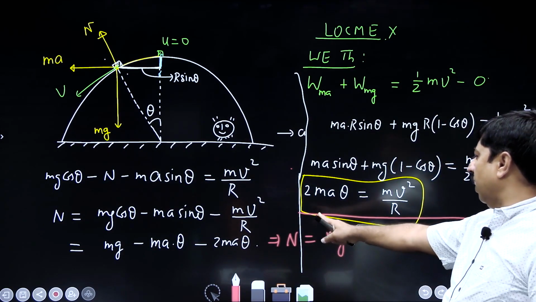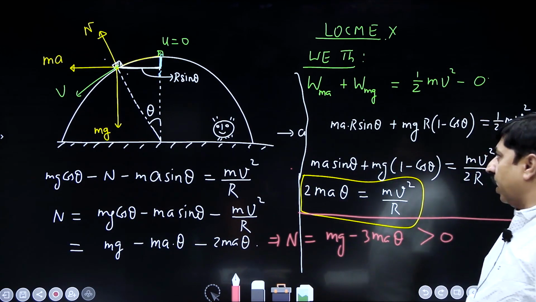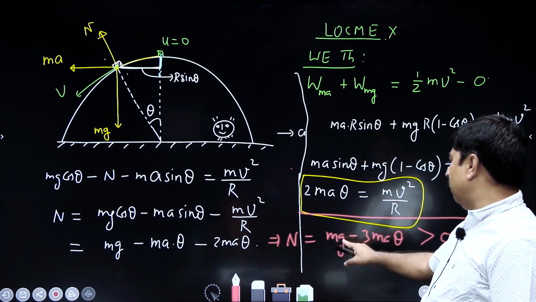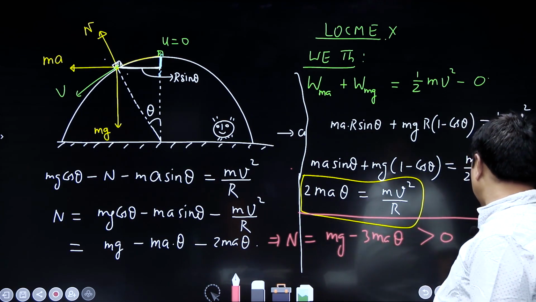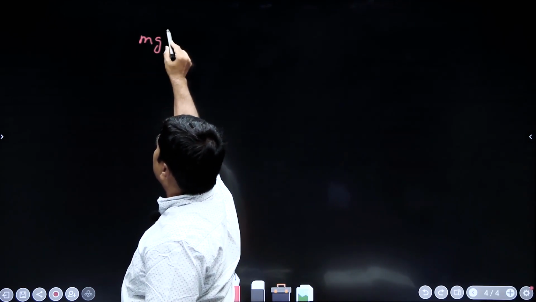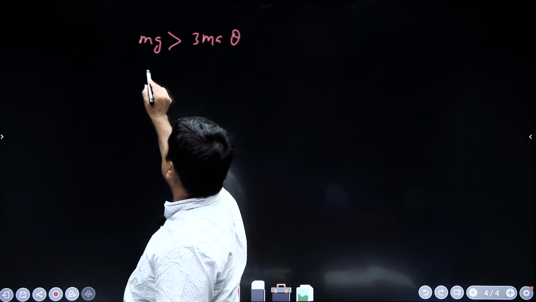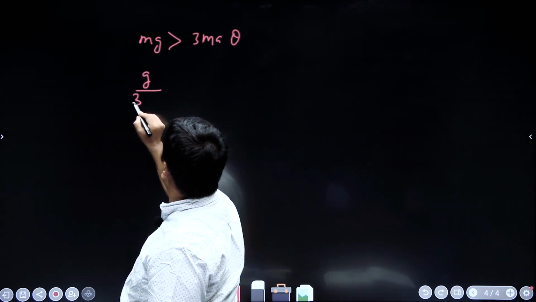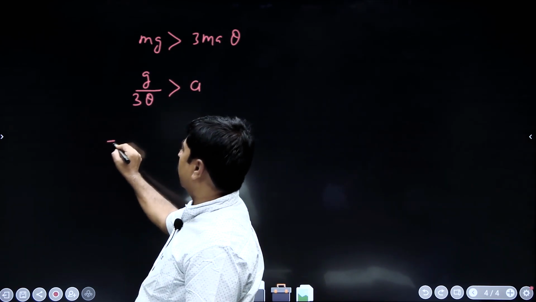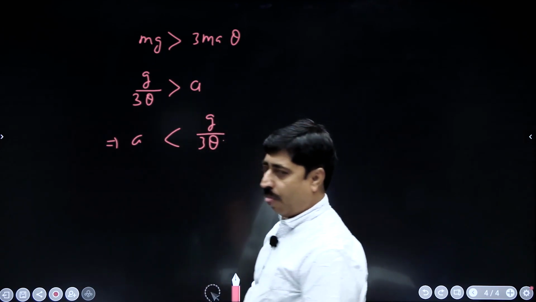So if I put the normal reaction greater than 0, then I get mg is greater than 3 ma theta, which means g by 3 theta is greater than a, or in simple language, a should be less than g by 3 theta.